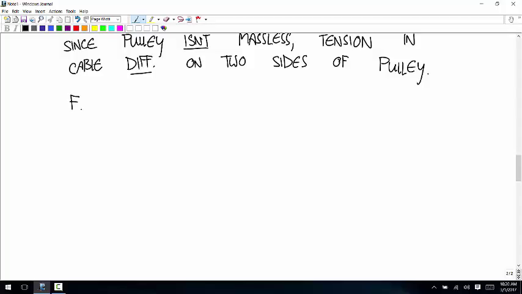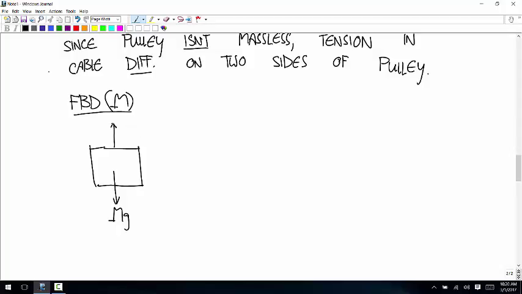Okay, so I'm going to start with a free body diagram of big mass. We have big mg, and this time the cable tension isn't the same everywhere, so we have to differentiate.